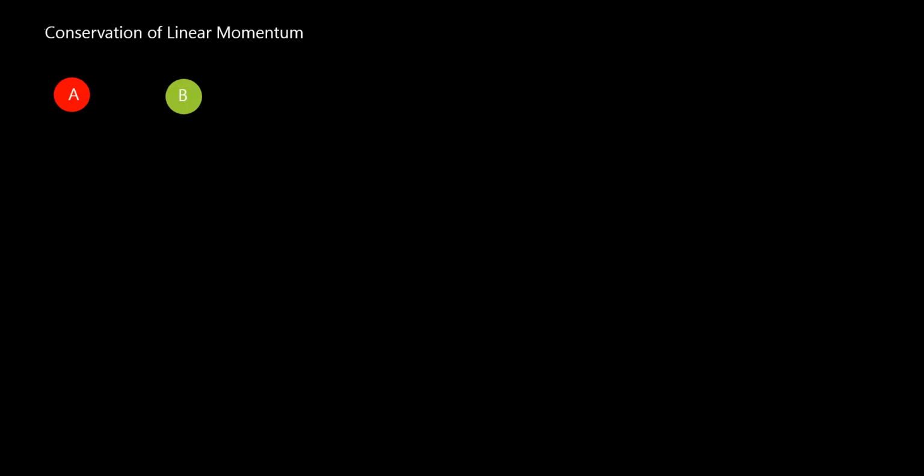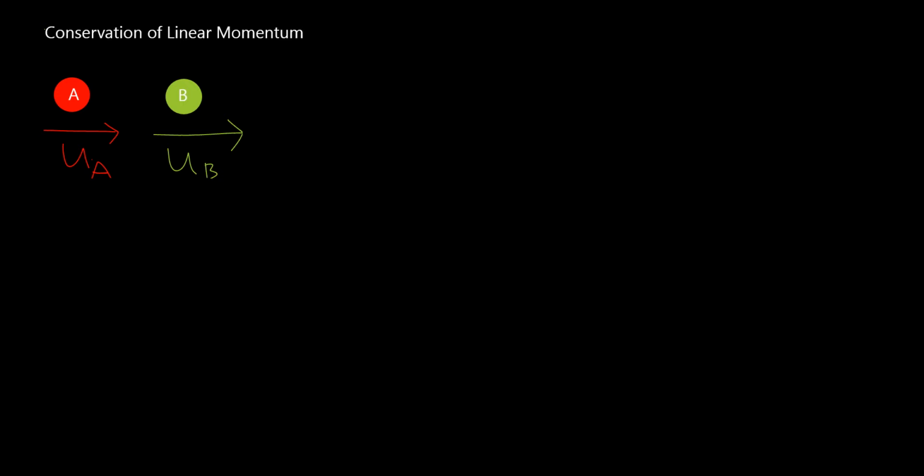So ball A is moving from left to right, and we'll say that it has a velocity u of A. And sphere B is also moving from left to right, and let's say its velocity is ub. Now if ub is bigger than ua, ball A is never going to hit ball B, but if ub is less than ua, then they'll collide. And it's that collision that I want to consider now.